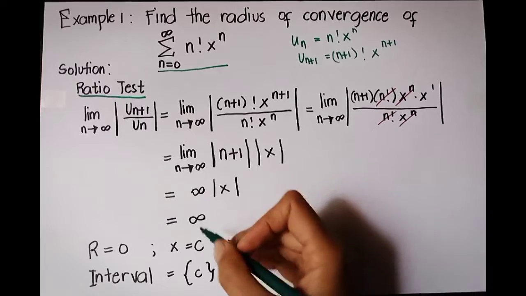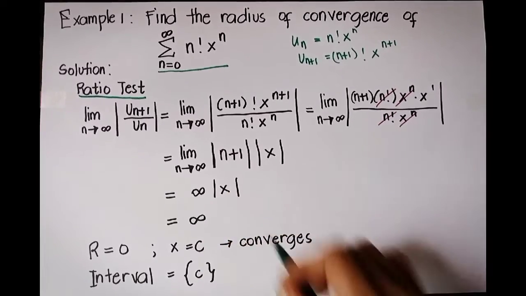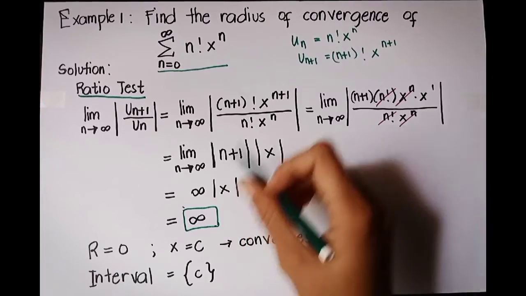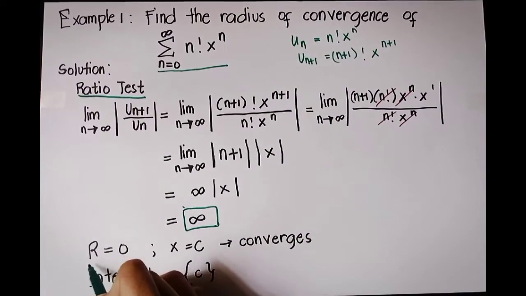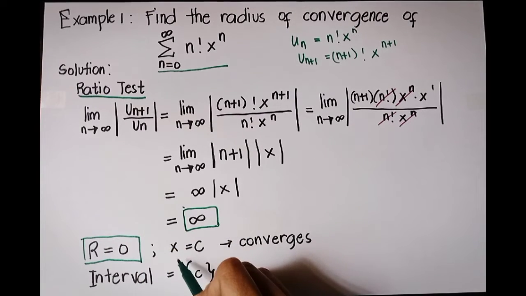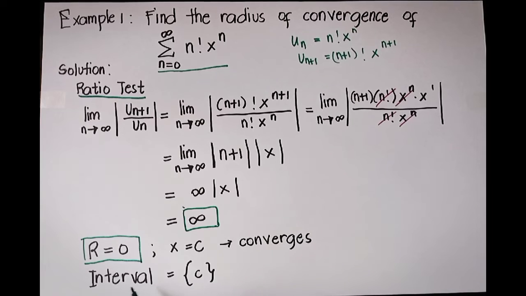So from our cases, if you get the limit infinity, therefore the radius of convergence is equal to 0. And at x equal to c it converges, and the interval is just c.